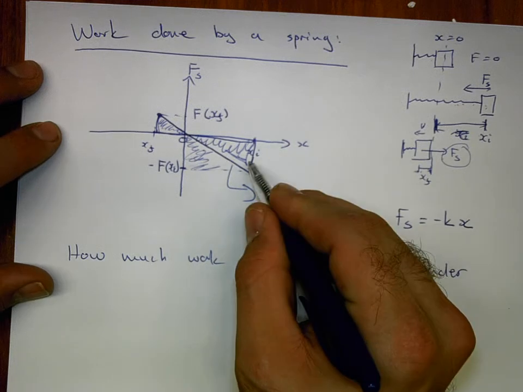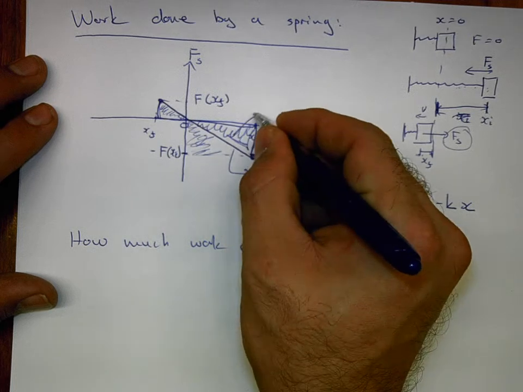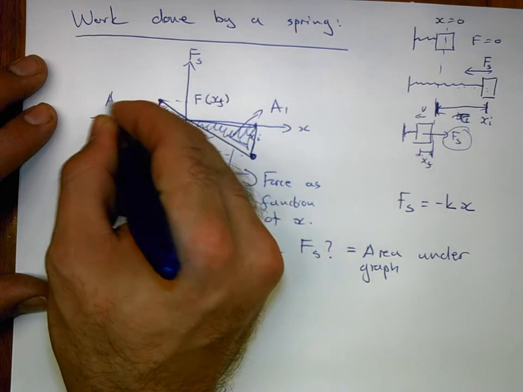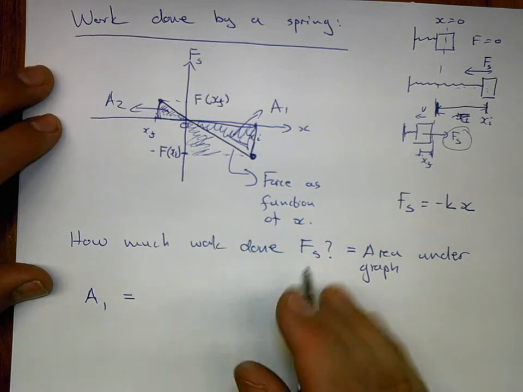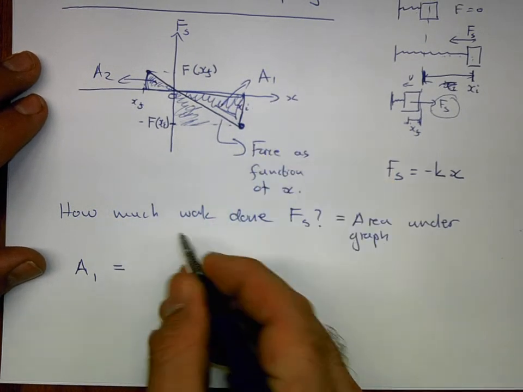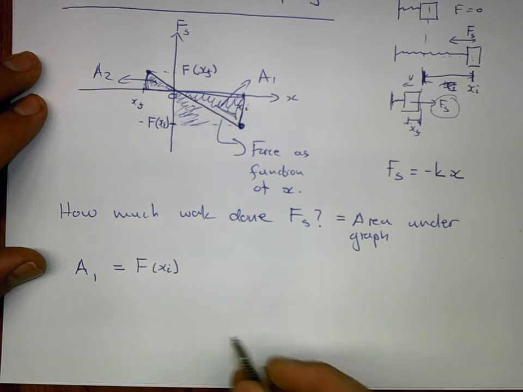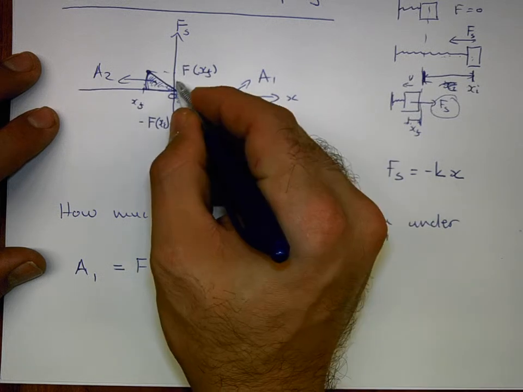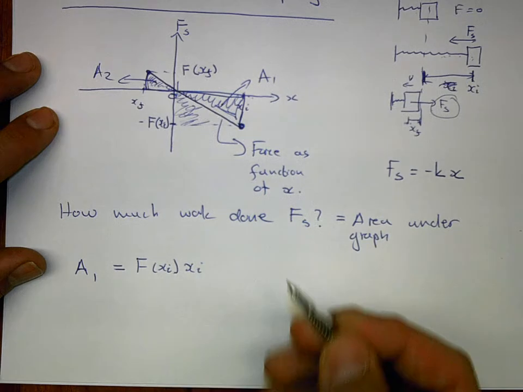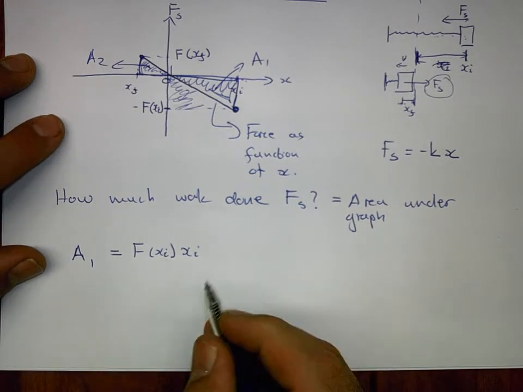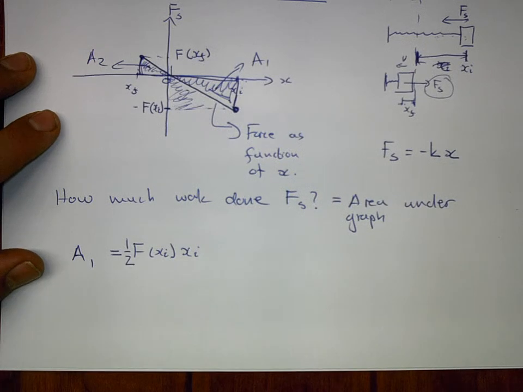So let's call this A1, and let's call that A2. Area A1 has a magnitude of whatever the force was at the initial position times the base. It's a triangle, so that has to be x initial itself, times a half.